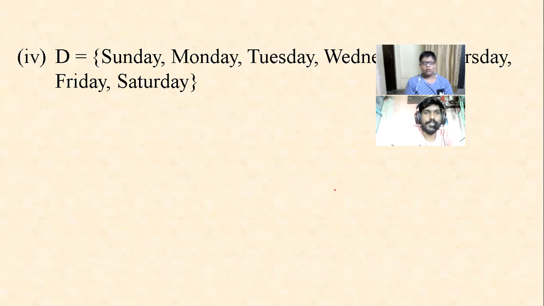This will be easier for you. How will you write this in the set builder method? What are these? Days of the week. So how will you write it? Just tell me orally. Let the set name be D. D, curly bracket, x such that. When you're writing set builder form, what does the curly bracket mean?